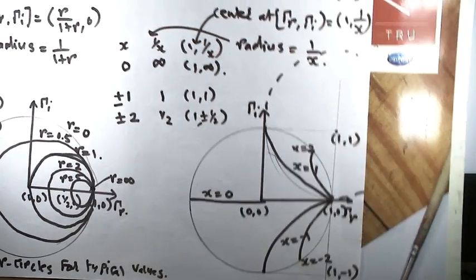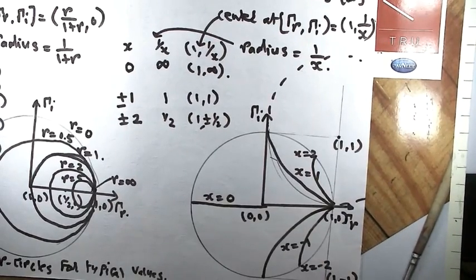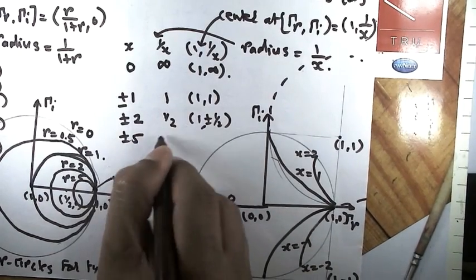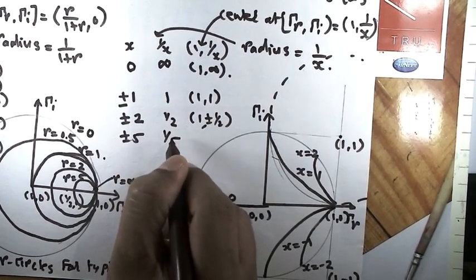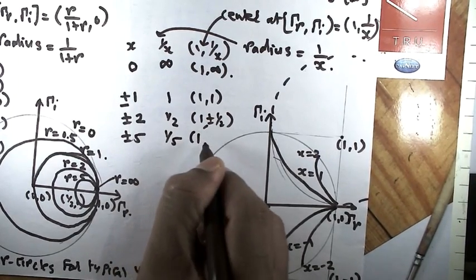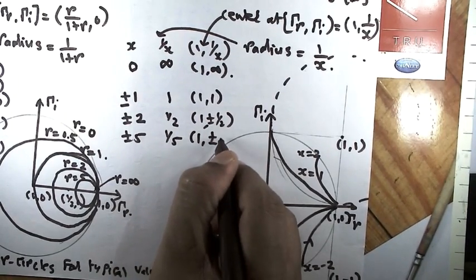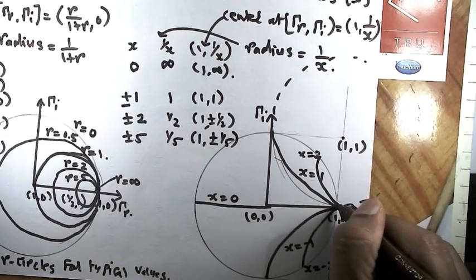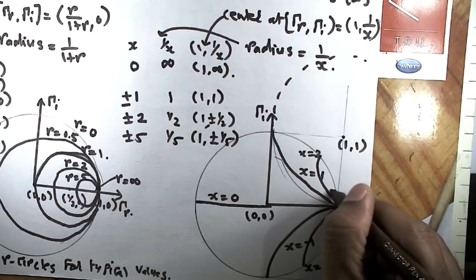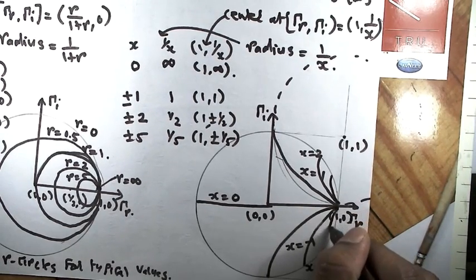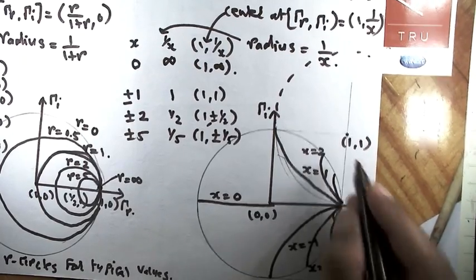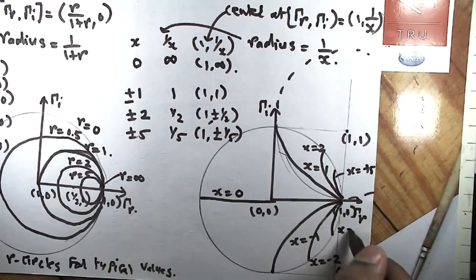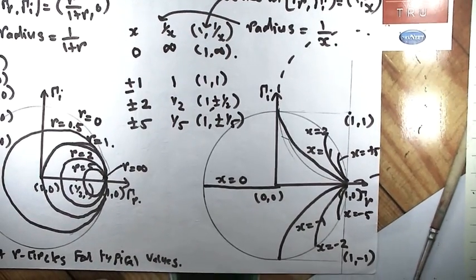Because of this I am getting this type of circle. As I increase the value, for example to 5, the radius becomes 1 by 5, and the center will be at (1, plus or minus 1 by 5), and once again the circles move closer to the (1, 0) point. So typically this can be considered as the x equal to plus 5 and x equal to minus 5 circles.